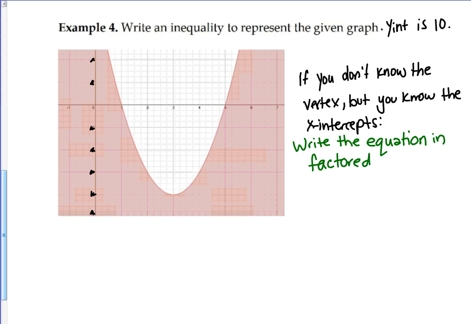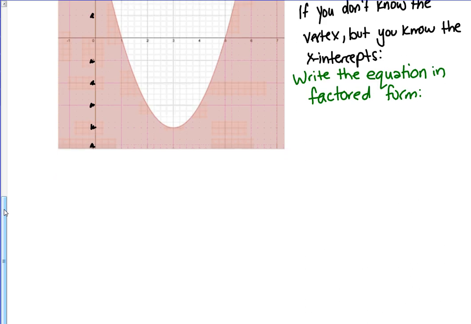We do know our x-intercepts too, right? 1 and 3, 1 and 5. Write the equation in factored form. So what is factored form? Factored form is this. Y equals A times x minus m and x minus n, where m and n are what? Your intercepts.